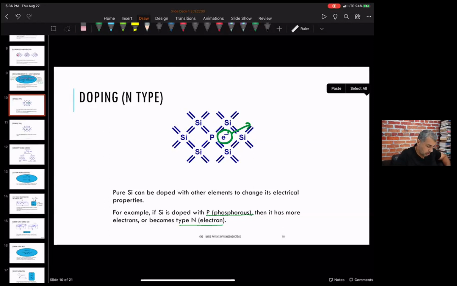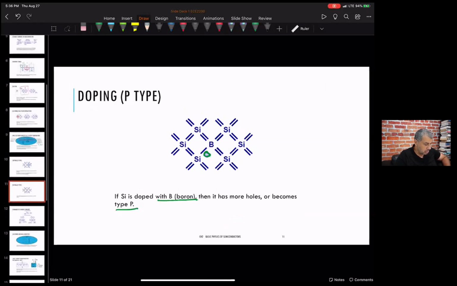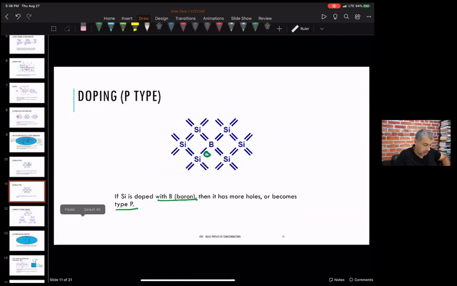Of course, on the other side, if you want an excess number of holes, you can get some stuff from group 3, where boron is the popular choice, and use that to dope the silicon.